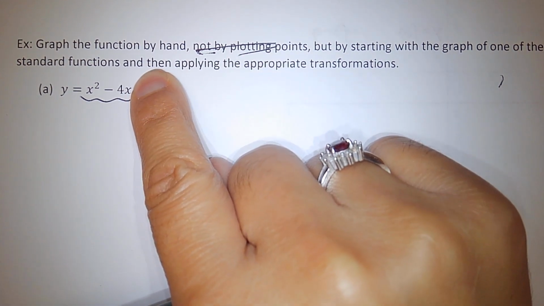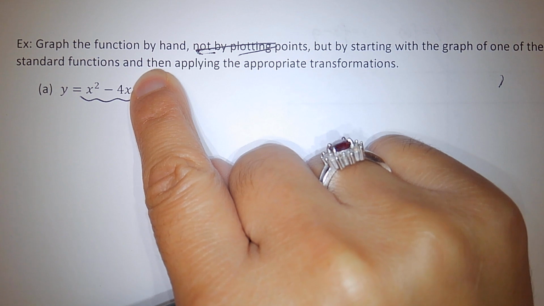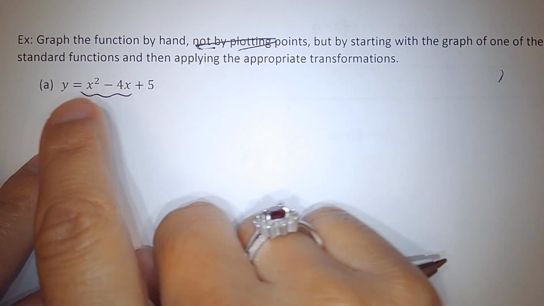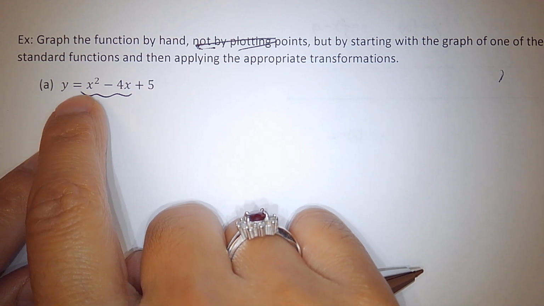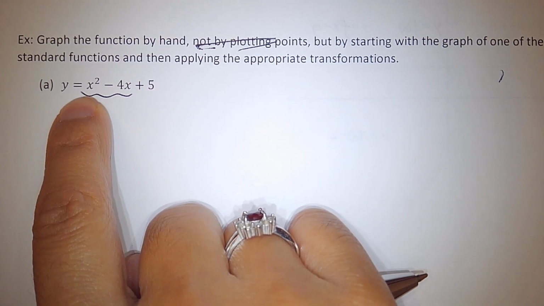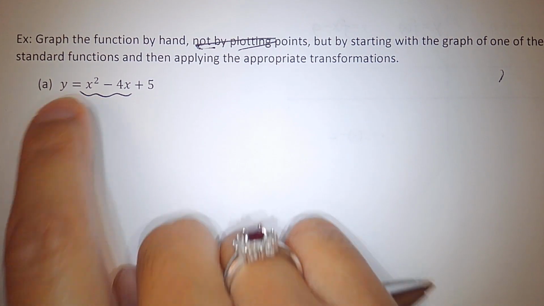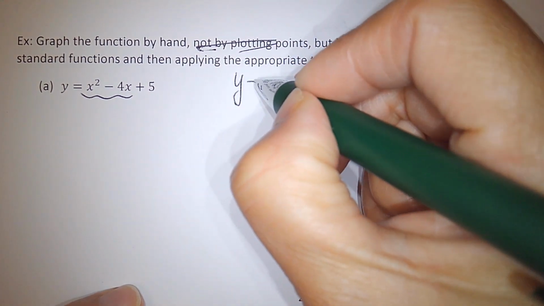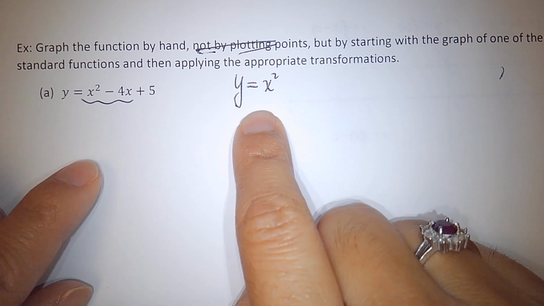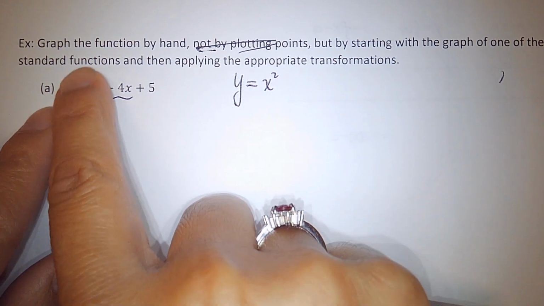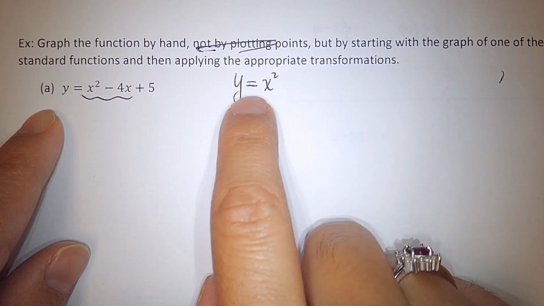No, right? But do we know what standard function can you think of from this given function? Parabola, right? It's a polynomial. So the very standard, very basic function we can think of from this complicated one is y equals x squared.